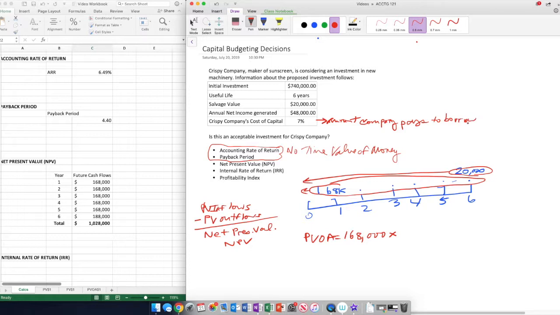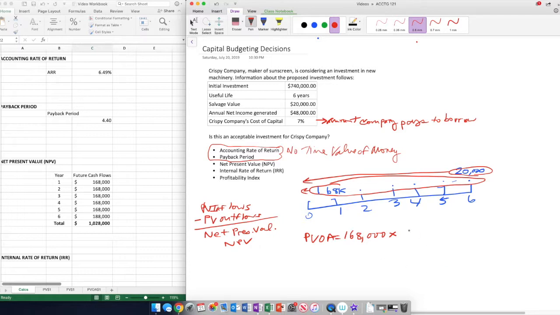If they needed to borrow the money in order to buy this machinery, this is their cost. And so we hope that this investment returns something more than what it cost them if they had to borrow it. If they have to pay 7% for the borrowing to pay for it, then they hope the investment returns more than 7%. Hopefully that makes sense.